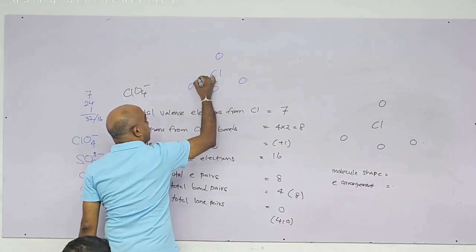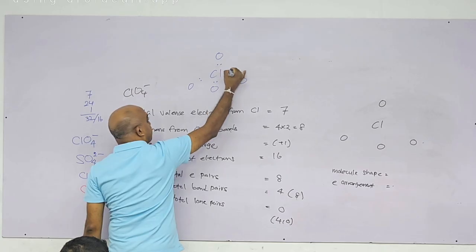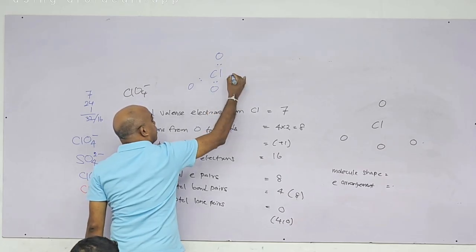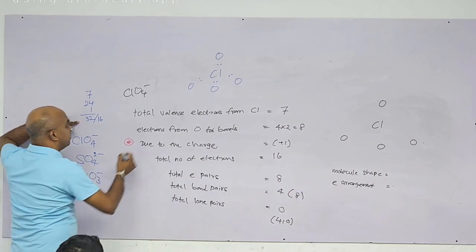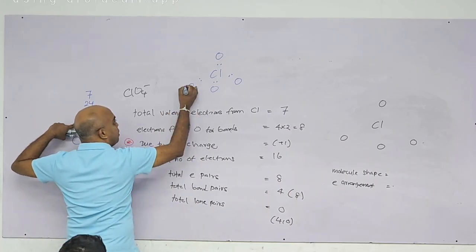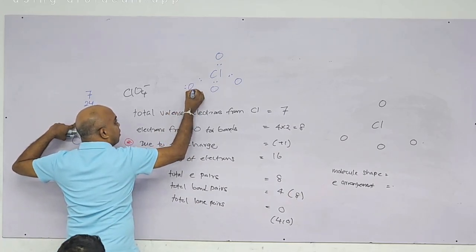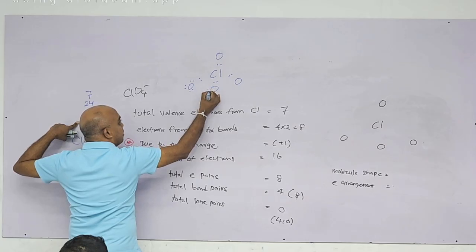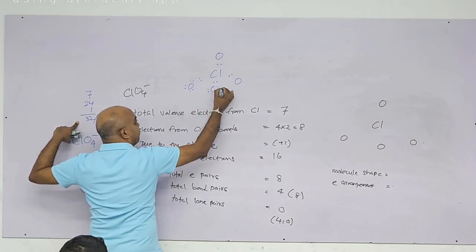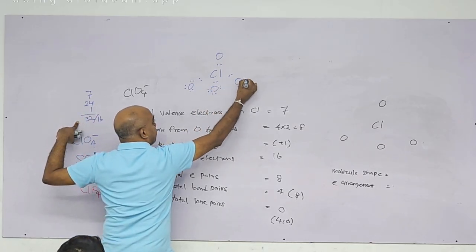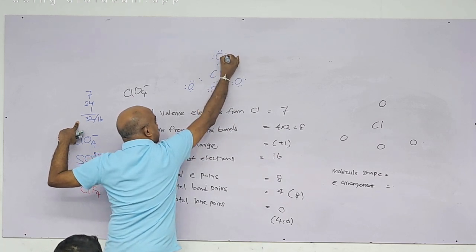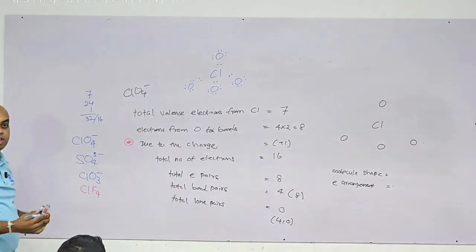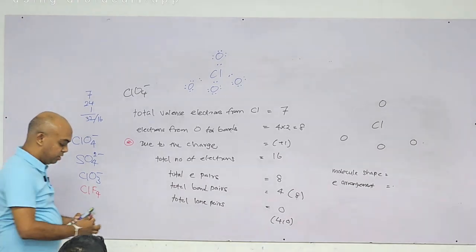Then we are placing the lone pairs like this. Sorry, the bond pairs. Then after that placing the rest of the things. 4 has been placed. We are keeping like this. The 16. Then the formal charge.